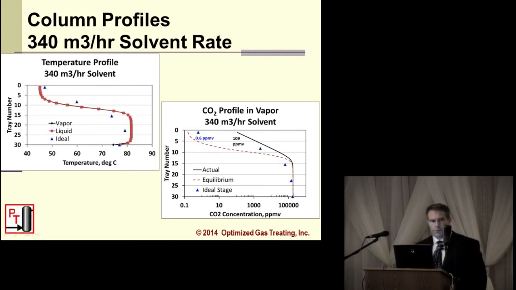So if this were a real plant, and we have seen this in a number of places, or a design going out, and you were targeting 50 ppm, your model would be telling you you're meeting treating spec if it were ideal stage based. Only the true rate model gets that right.